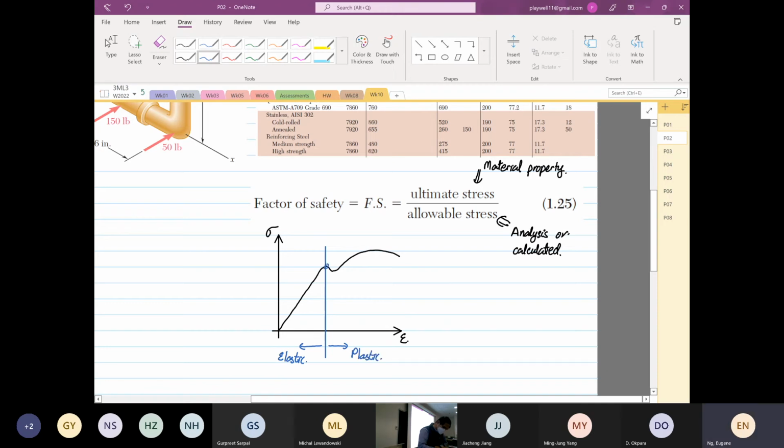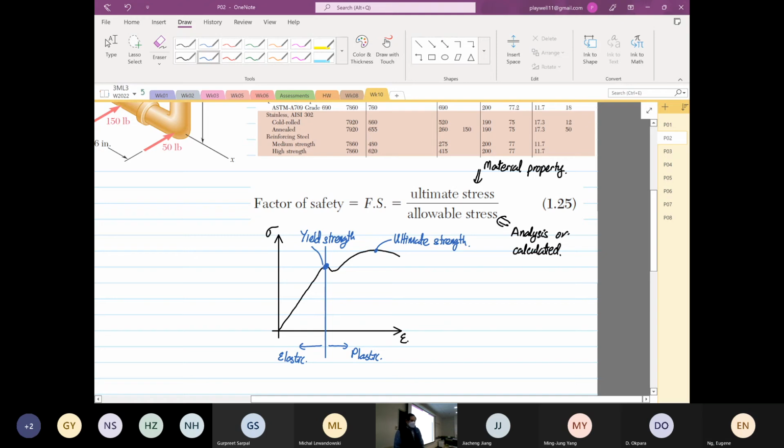Where it intersects at this dot over here, this is our yield strength. And at this dot over here, this is our ultimate strength. Okay, that is our ultimate strength.